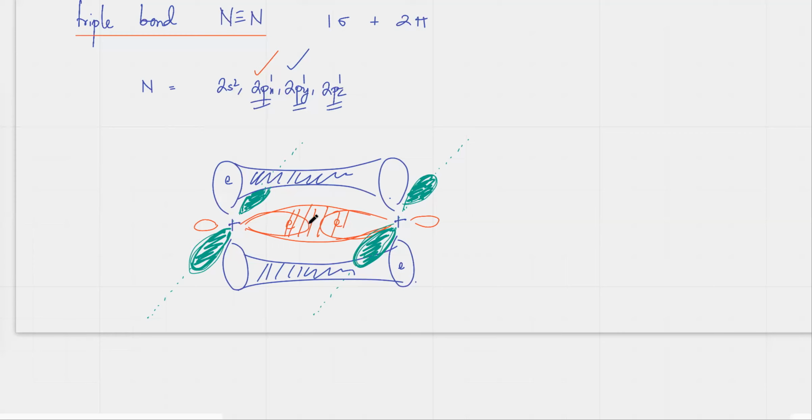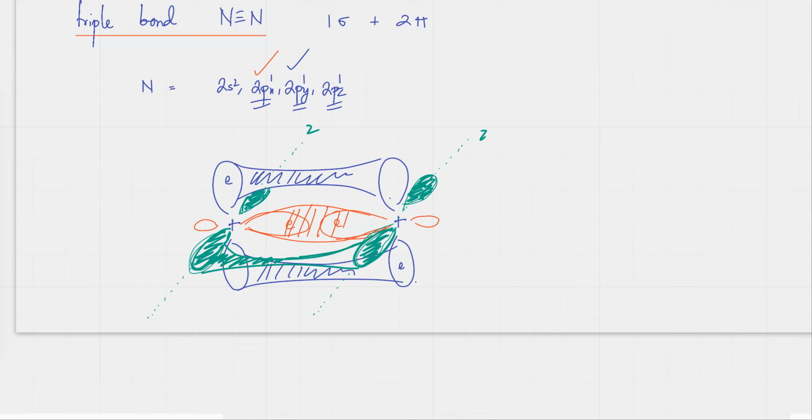There's my pz orbital, but this z axis is now coming towards you. Think of this in 3 dimensions. This pz is coming towards you. It's on the z axis. This is also the z axis, but they're also parallel. So what they'll do is they'll also start to overlap in front.